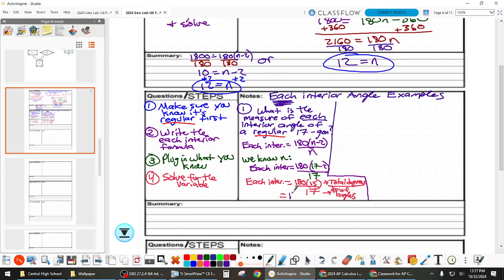So we have 158.82 degrees per angle. Obtuse or acute?